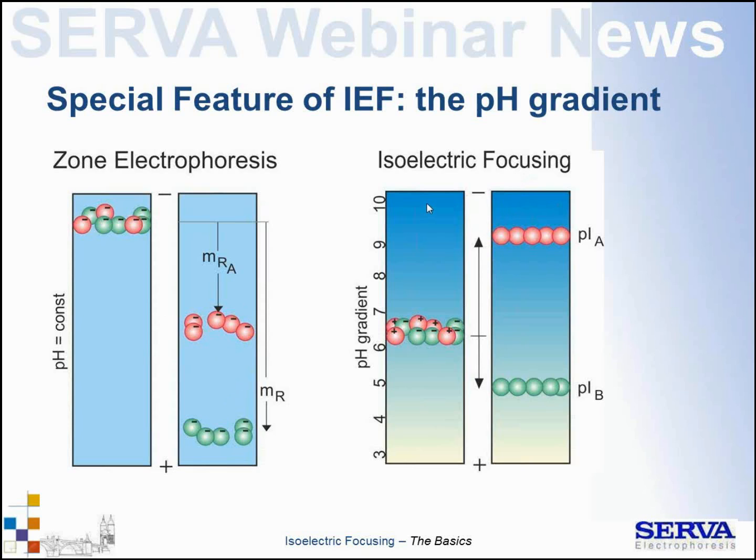So you are preparing a pH gradient. I will explain how this is done a little bit later. And you lock the pH gradient between the anode and the cathode of the system, so you don't need electrode compartments in general. It is a little bit different when you use special apparatus like a vertical apparatus.